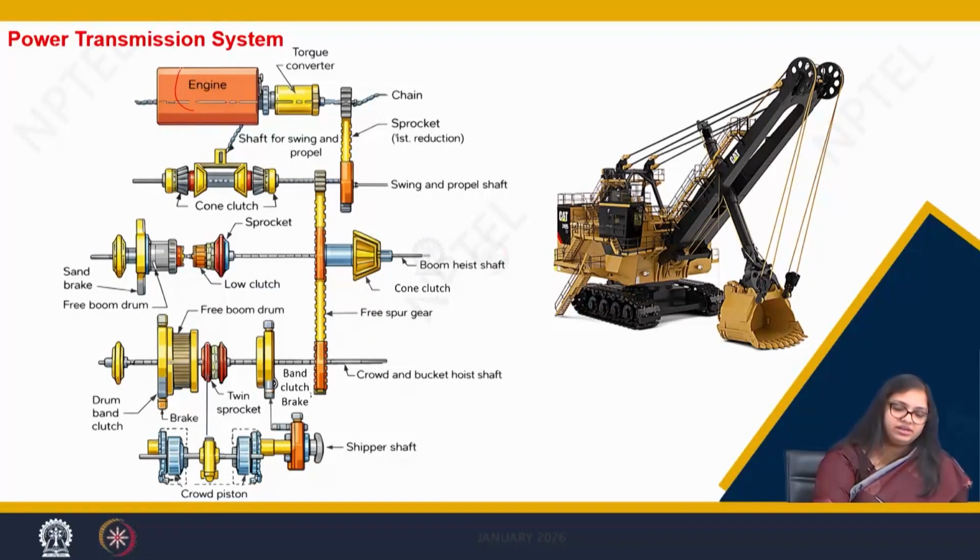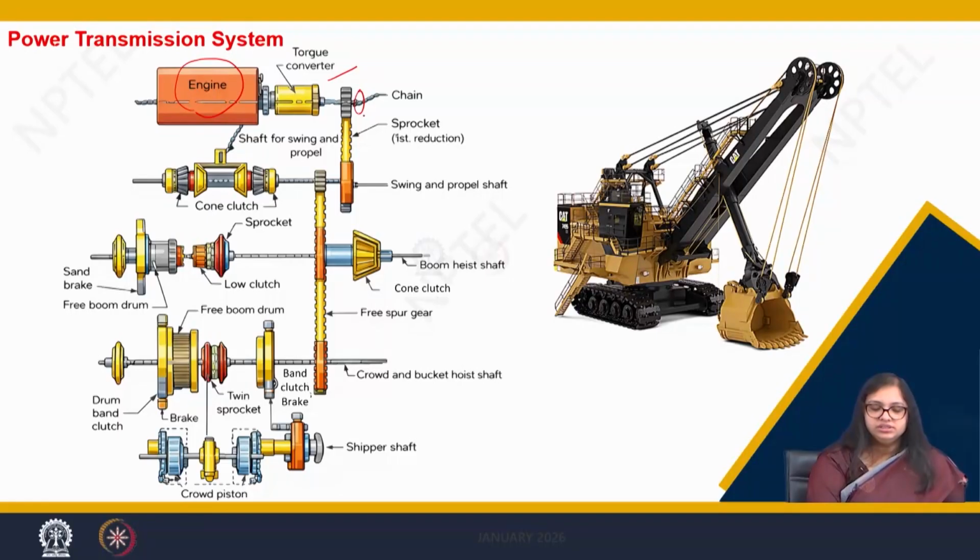Here this is the diesel engine which generates the power, and this gives it to a torque converter. A torque converter is generally a gearbox which changes the torque to the required speed or required torque, and then it gives it to a gear or a sprocket which is housed on this engine shaft.